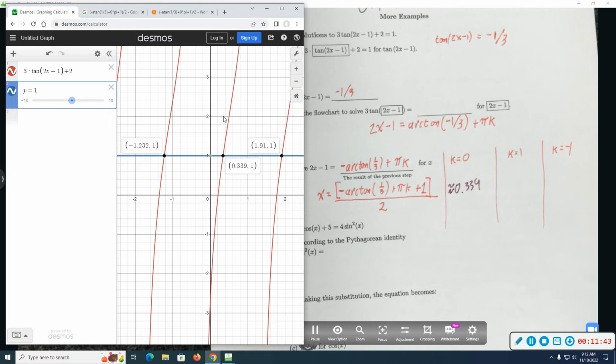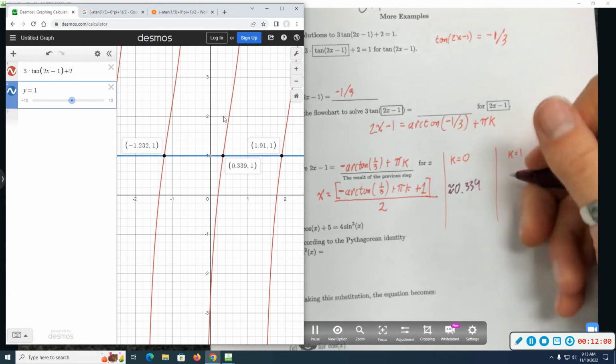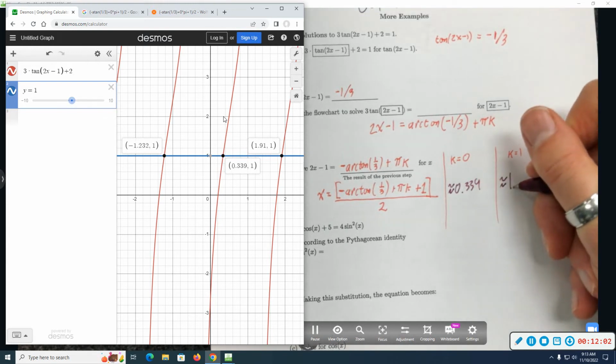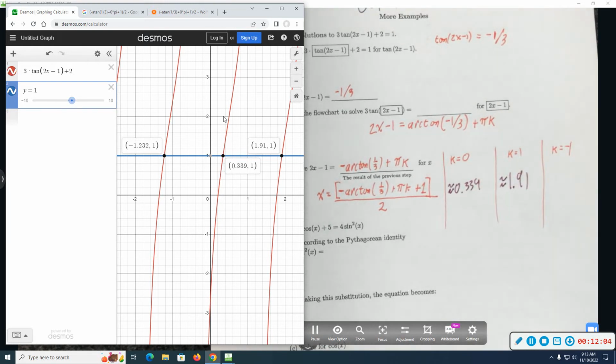So when k is equal to 1, about 1.91. Is that one of the things that I hoped to see? Excellent.